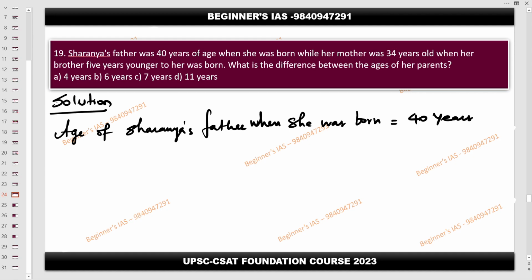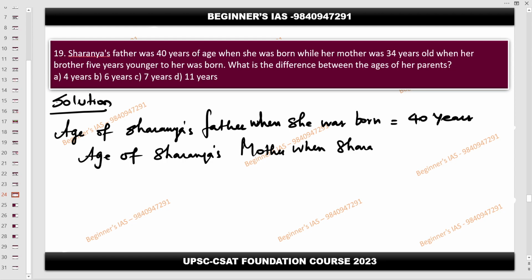So if you understand that logic now, very good, easy. So therefore the age of Saranya's mother when Saranya was born is equal to 29 years.